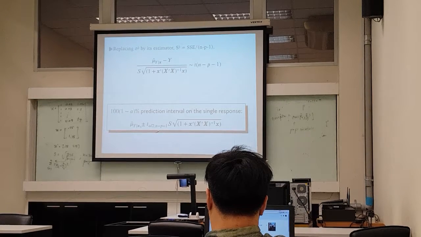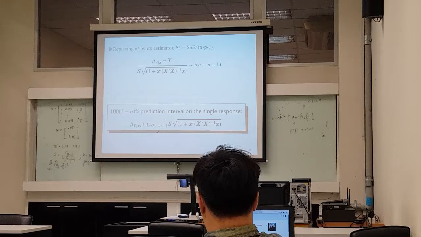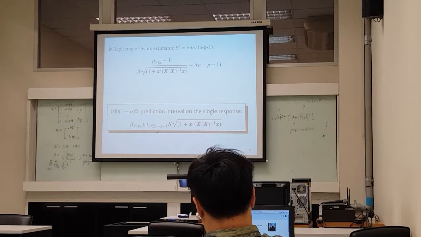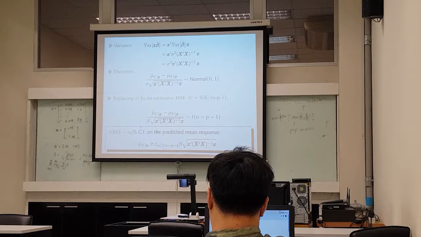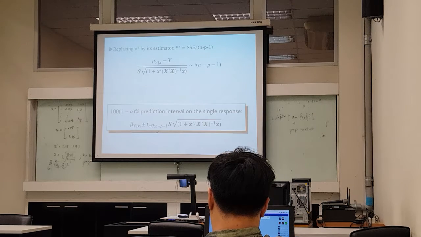The confidence interval for the single response is called the prediction interval. But this other one is the confidence interval on the predicted mean response. It's not the same. This one is the confidence interval for the mean response, but this one is the confidence interval for a single response, a single y. The previous equation is for the mean response.